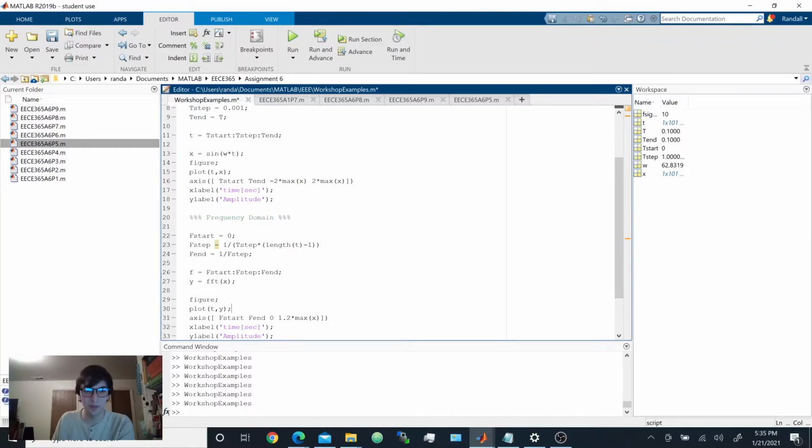Okay, I don't know why I'm having issues. Let's just get rid of it. Why is this not working for me? Am I just being dumb? That's not giving me any issues, right? It's not saying that it can't plot it. F. Oh, F is 0. Why is F 0?